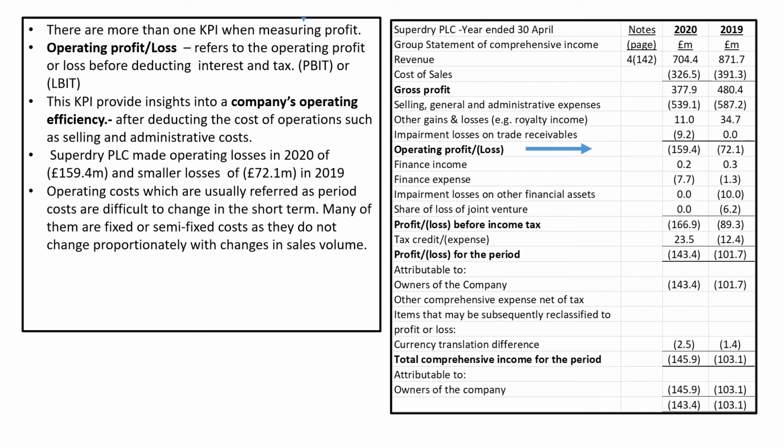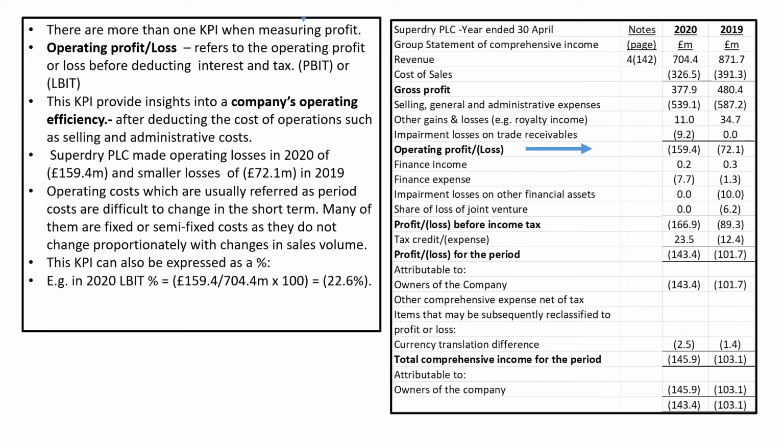Operating costs, which are usually referred to as period costs, are difficult to change in the short term. Many of them are fixed or semi-fixed costs, as they do not change proportionately with changes in sales volume. This KPI can also be expressed as a percentage.